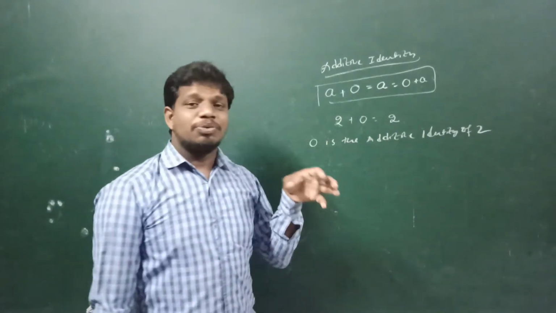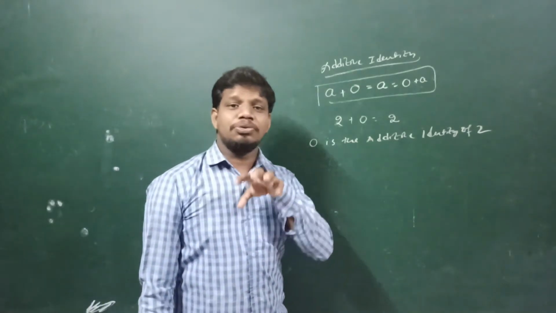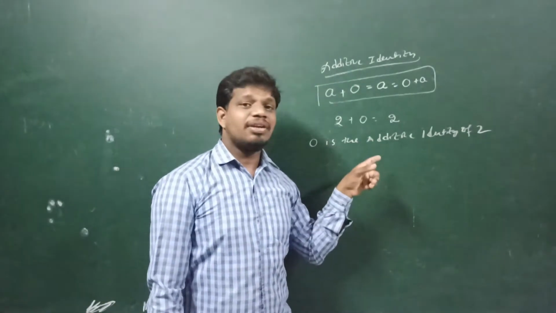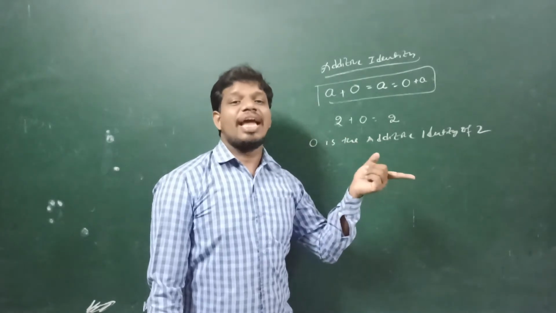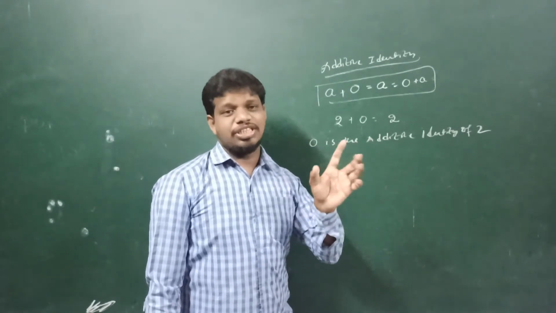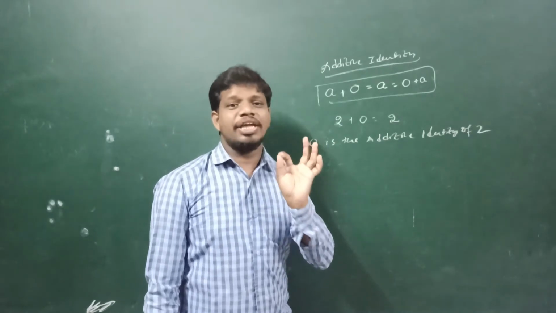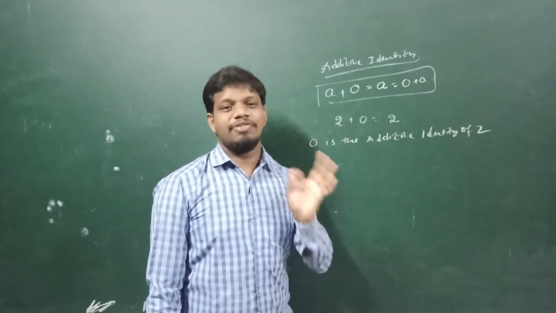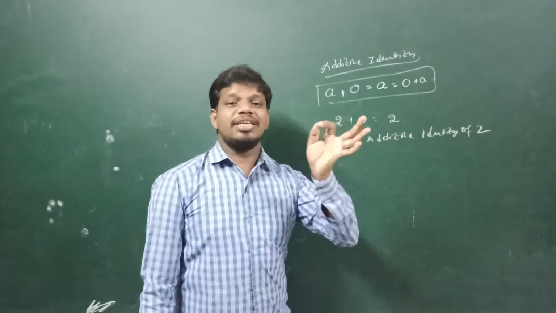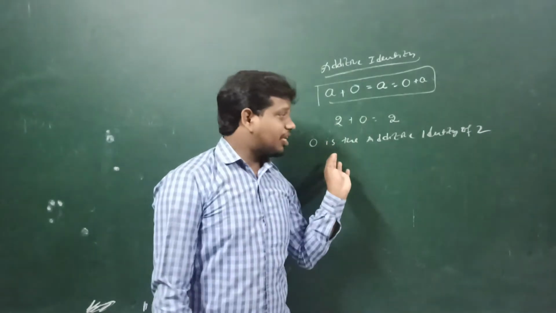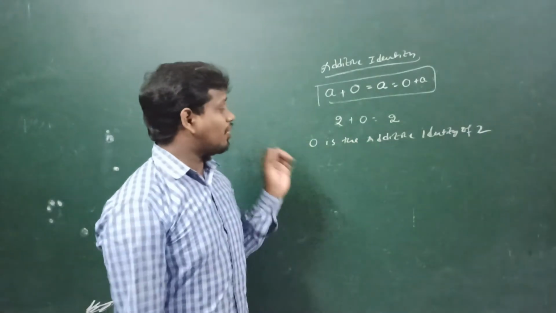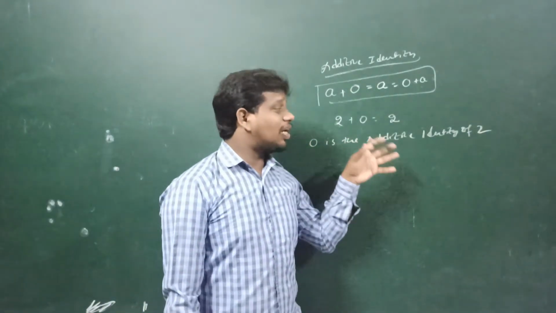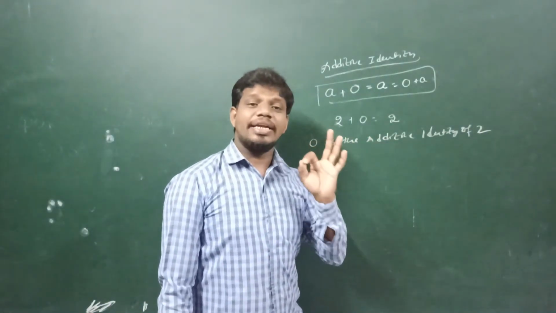So here only one number is possible to give the same number when we add it to any rational number: 0. Only 0 gives the same number. When we add 0 with any rational number, it gives the same rational number. So that's why 0 is called the additive identity.